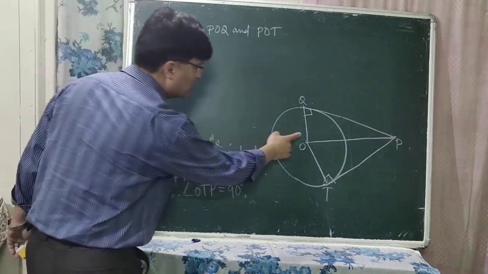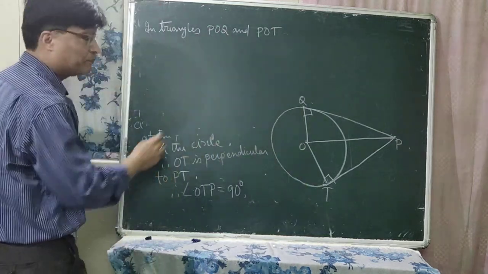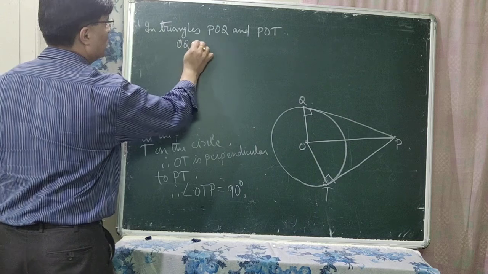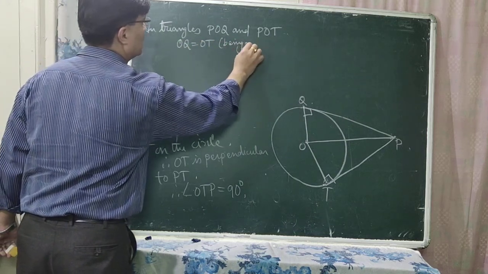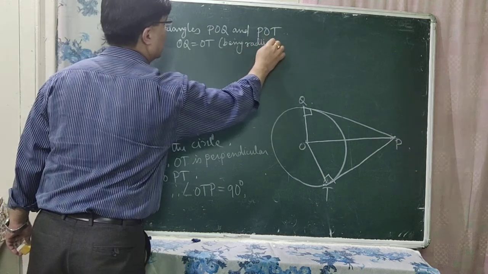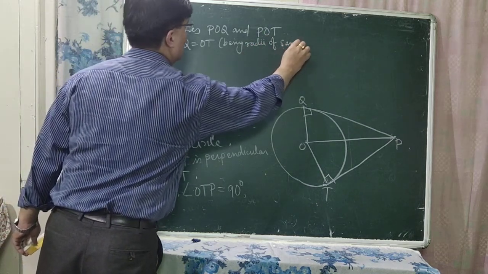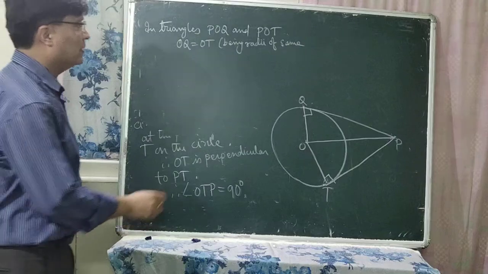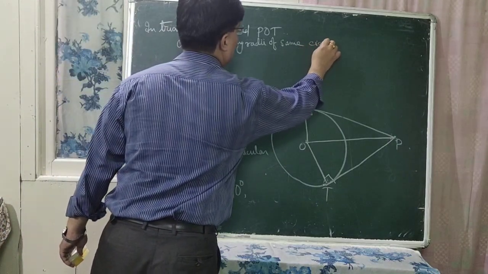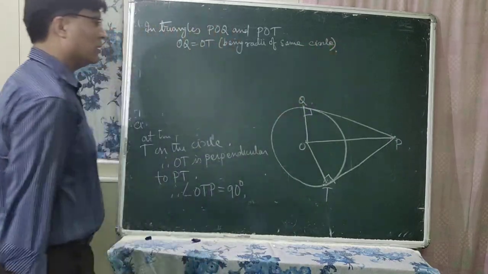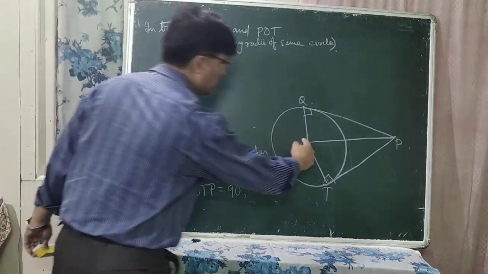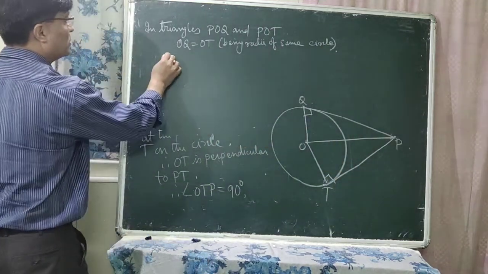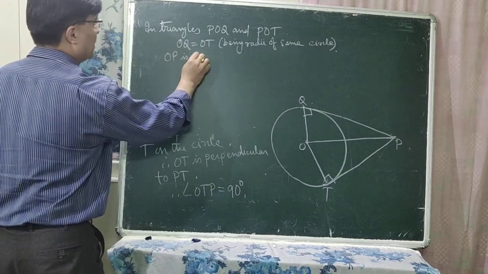One of the reasons is OQ is equal to OT, being radii of same circle. Next, this OP straight line is common to both.